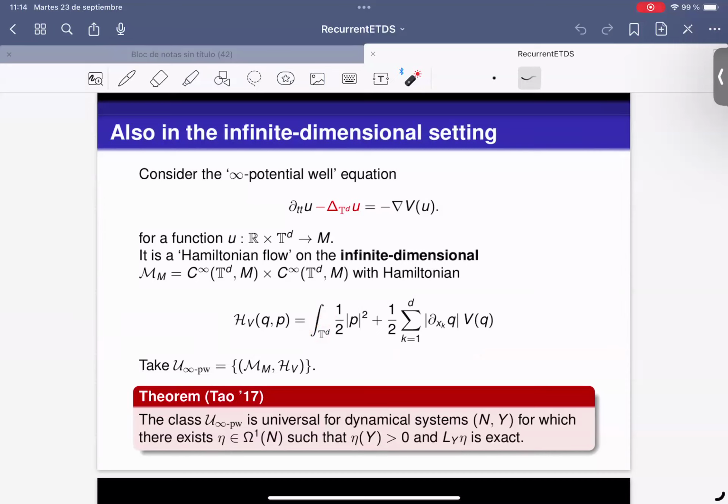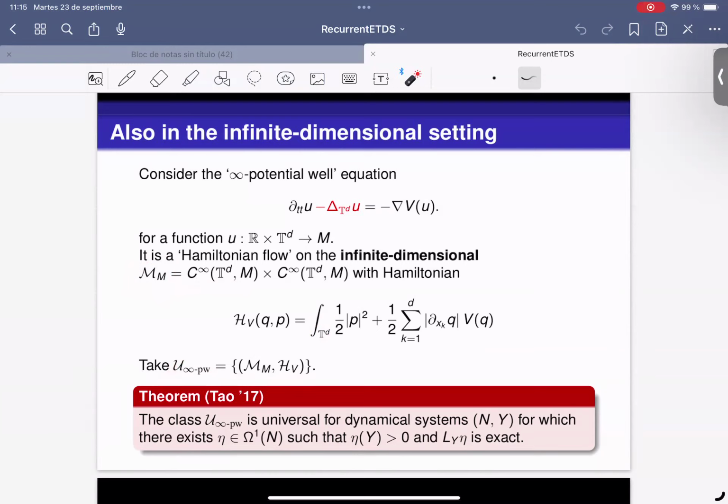You repeat the classical potential well, but in this infinite dimensional setting in which you have this infinite dimensional manifold, and you can consider these infinite potential well dynamical systems, this U_∞PW.